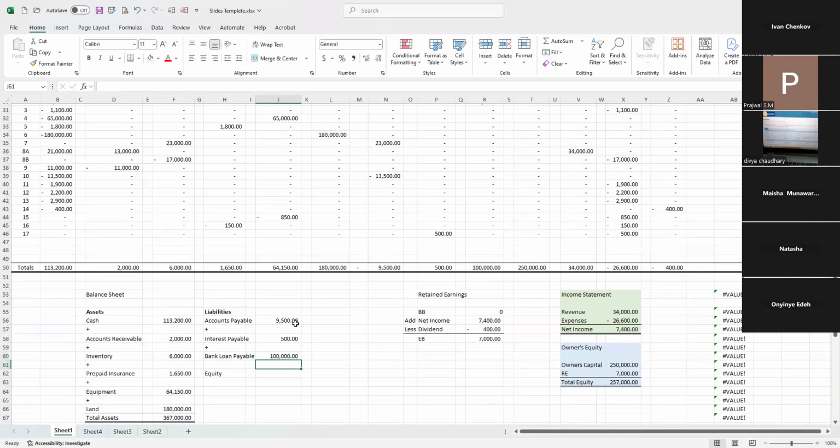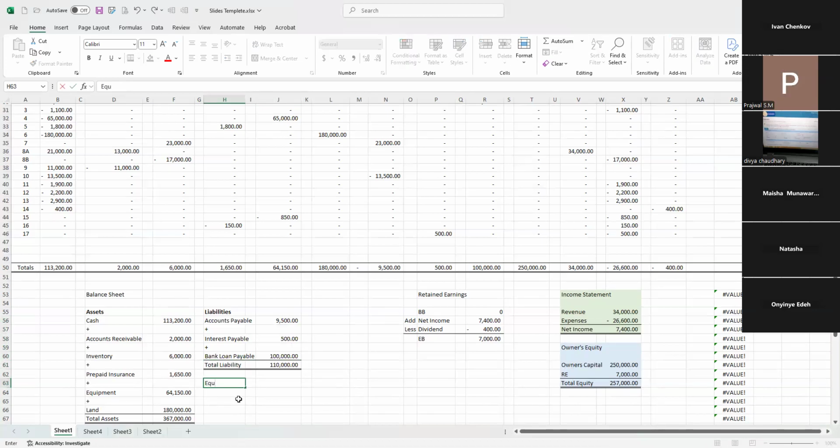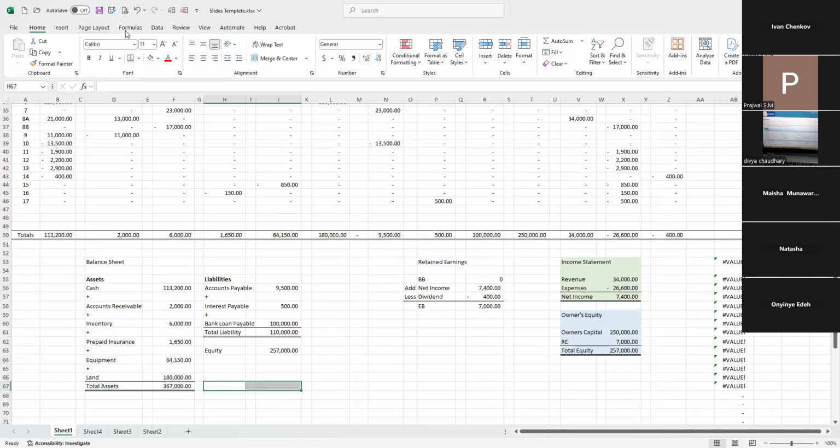How much is the total? Total liability, 110,000. We get our liability. What else do we need? Equity. But we already have it, right? Yes, we do. 257. Total equity.